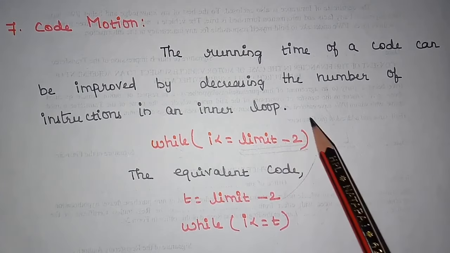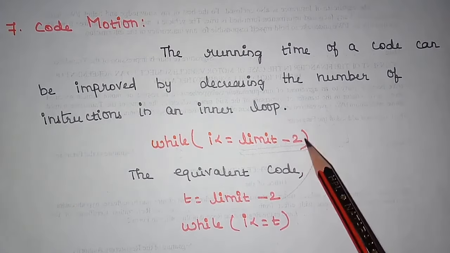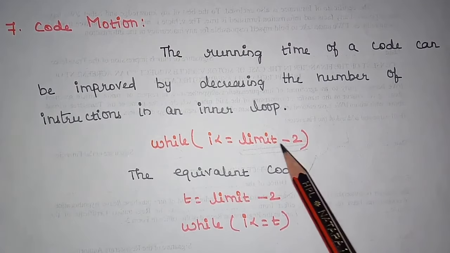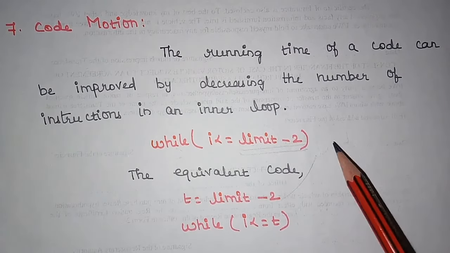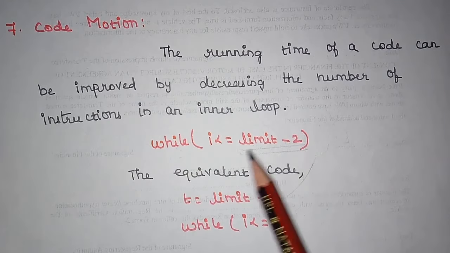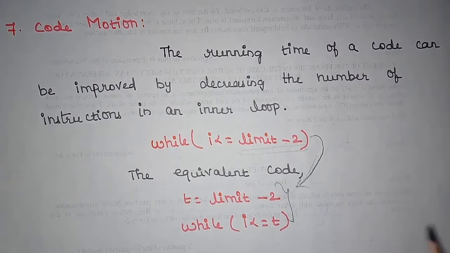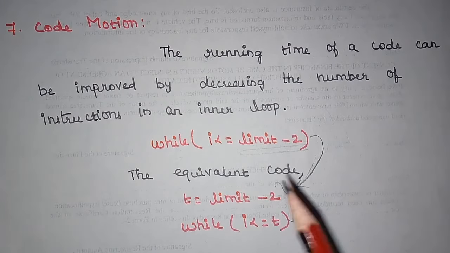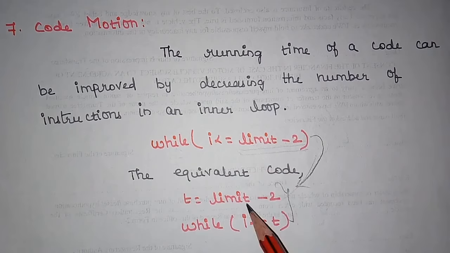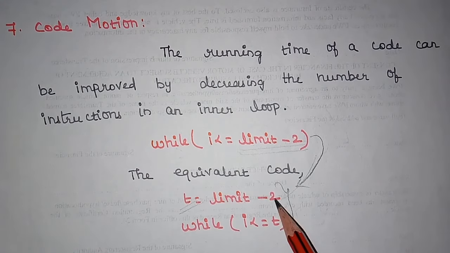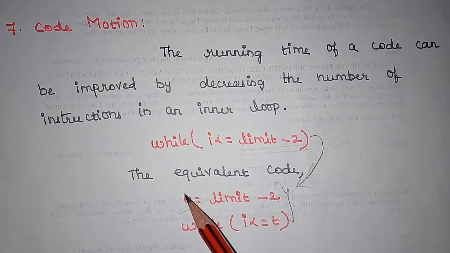So instead of repeating this evaluation again and again, we can just do the code motion here. And we can eliminate this redundancy just by replacing this code like this. If you look at this code before the while statement, this expression is taken and assigned to a variable, so the expression will be evaluated only once before the while loop, and the result will be stored inside this temporary variable t.